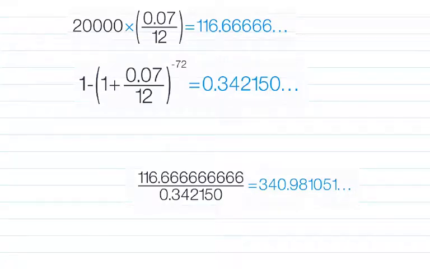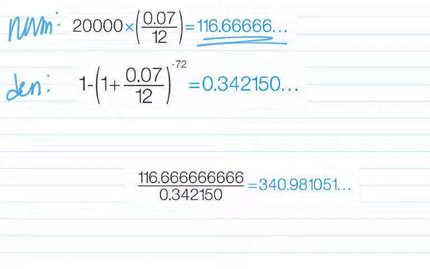So I've shown the work for calculating the numerator, and then also for calculating the denominator. And then I did the numerator, which was 116.66666 repeating, divided by the denominator, which is 0.342150.